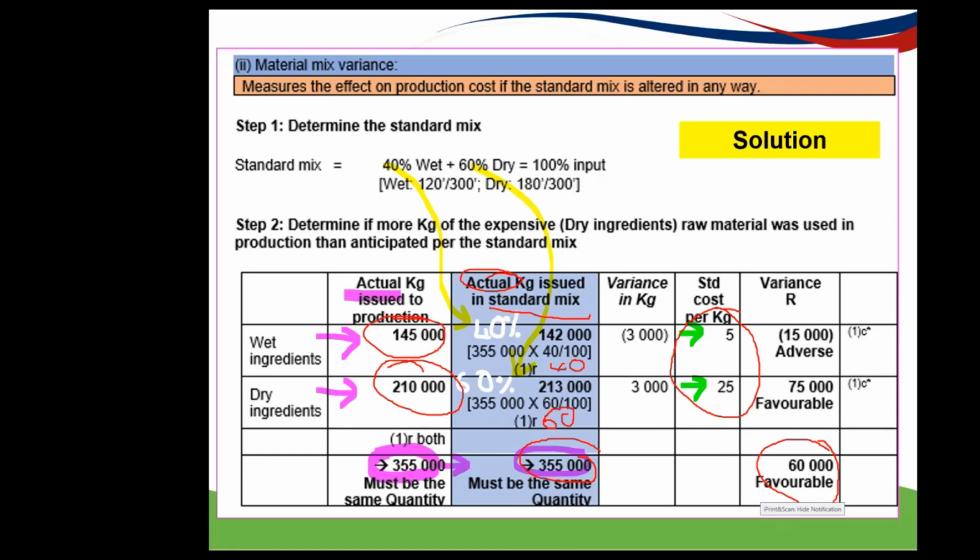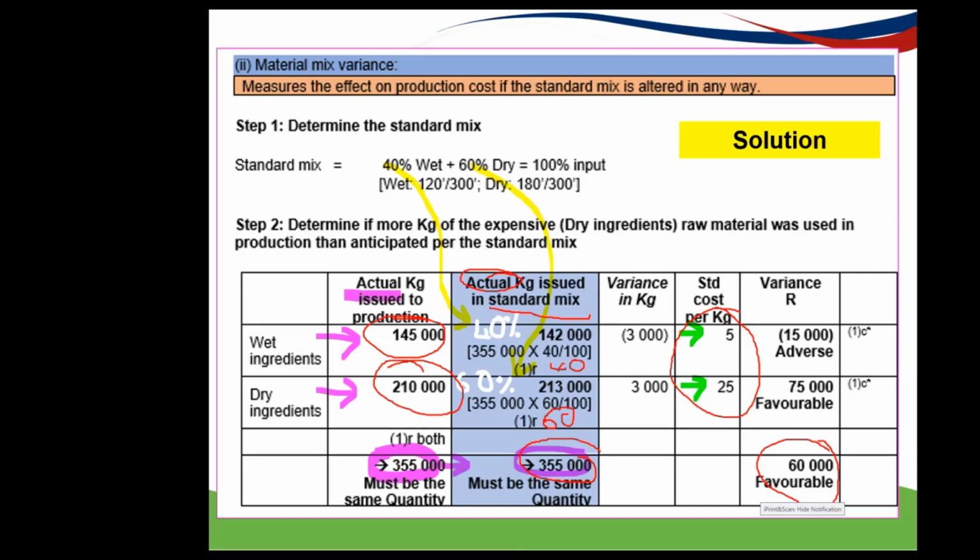Okay, so the first thing that you'll determine, if I look at weight, is that I actually issued 145, which is more than my 142. Immediately by looking at the quantities, I used more weight than I was supposed to use. So I wasted ingredients there.